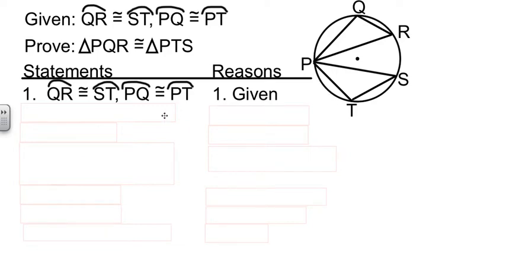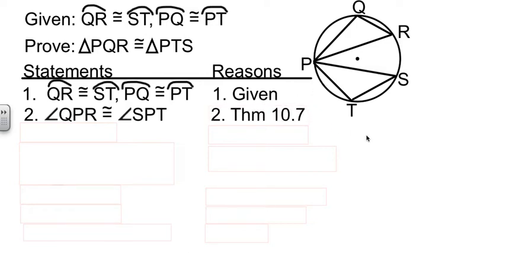Now, angle QPR cuts off arc QR, and this other angle, SPT, cuts off arc ST, and those two arcs are equal. That means those two angles are equal. That's the theorem we just got, Theorem 10.7. If they cut off congruent arcs, then the angles are congruent.